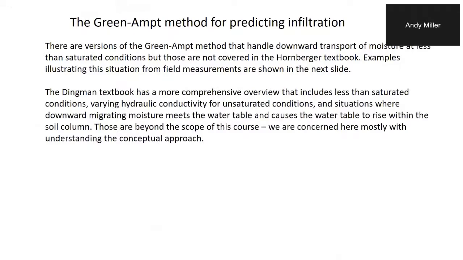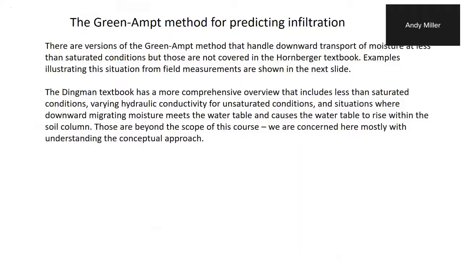The Dingman textbook has more varieties of the approach to the Green-Ampt method, including less than saturated conditions, including varying hydraulic conductivity rather than one value, and situations where it can even happen if the water table is at fairly shallow depth, and you've got a plug of water migrating downward.